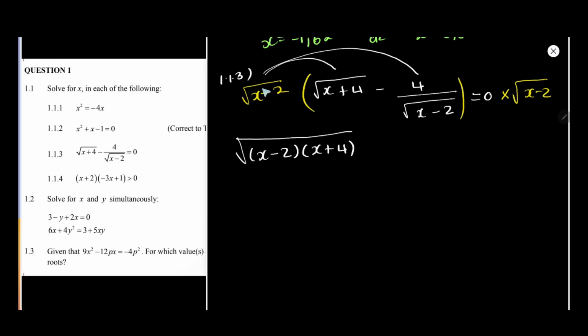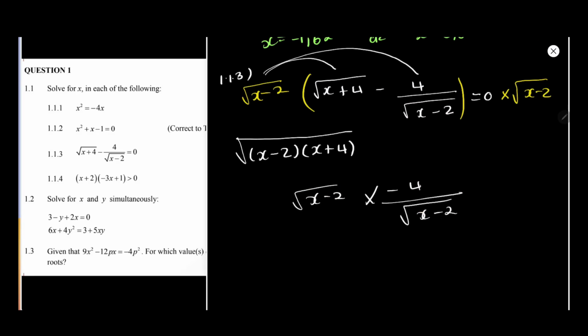Okay. And then we have the square root of x minus 2 being multiplied by negative 4 over the square root of x minus 2. Since we have a square root of x minus 2 on the denominator and the numerator of this number, they're going to cancel. And this is the reason they cancel.